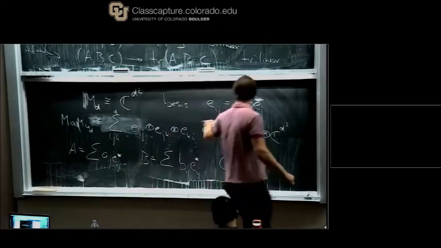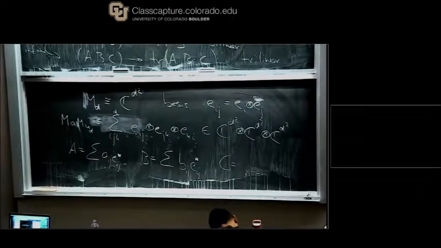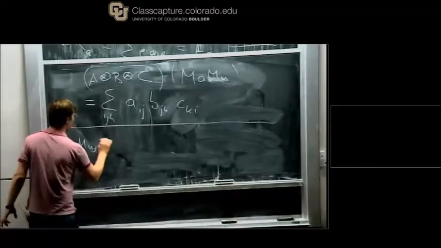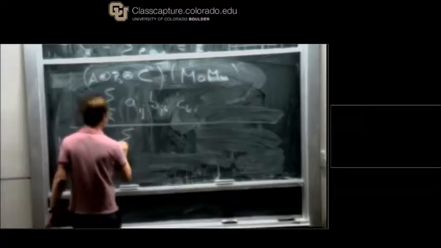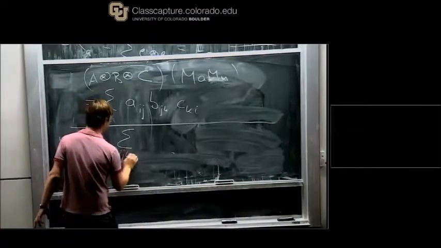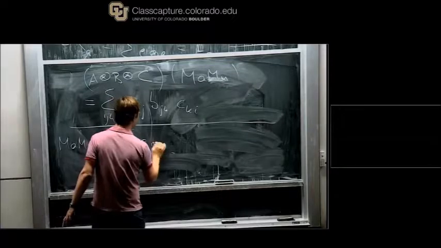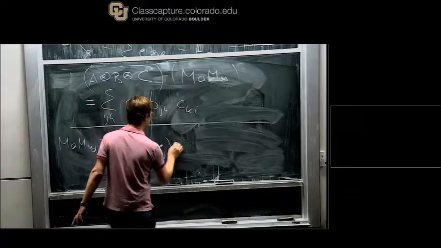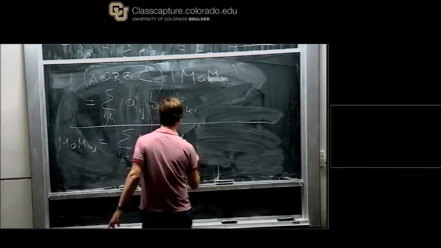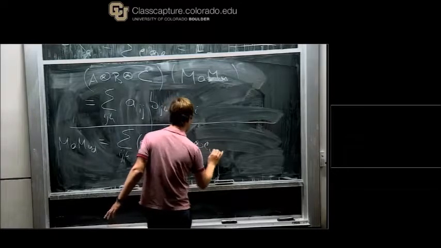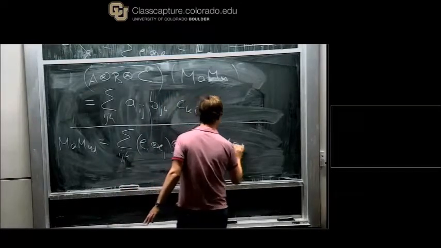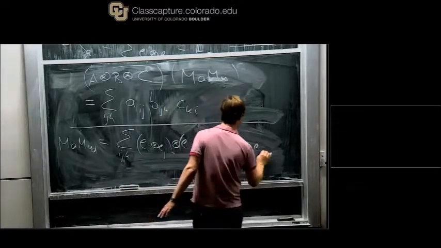So let me write out this matrix multiplication tensor. It is the sum over ijk of e_i tensor e_j tensor e_j tensor e_k tensor e_k tensor e_i.